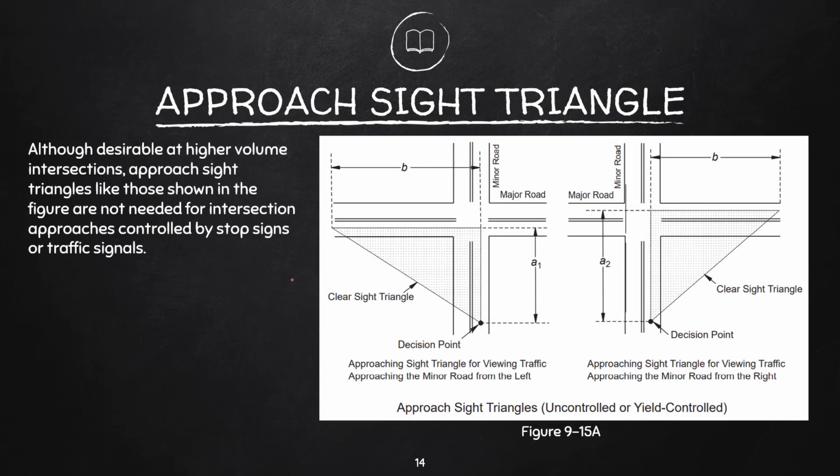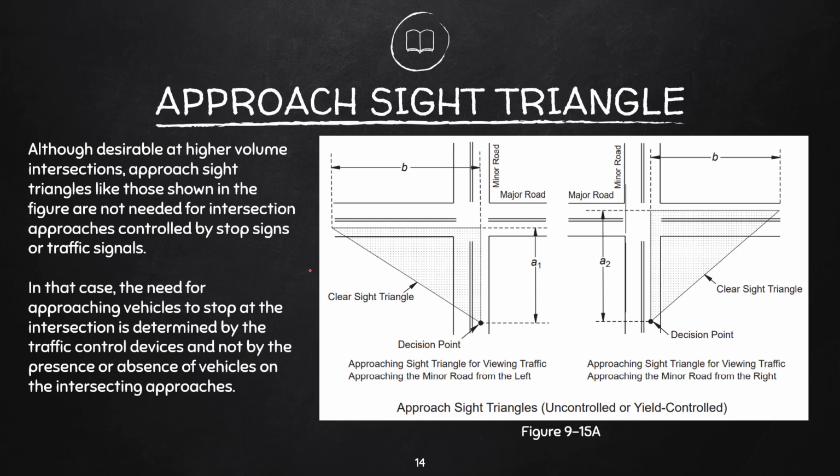Although desirable at higher volume intersections, approach sight triangles like those shown in the figure are not needed for intersection approaches controlled by stop signs or traffic signals. So we only provide approach sight triangles for those that have no traffic control devices such as traffic lights or traffic signals.